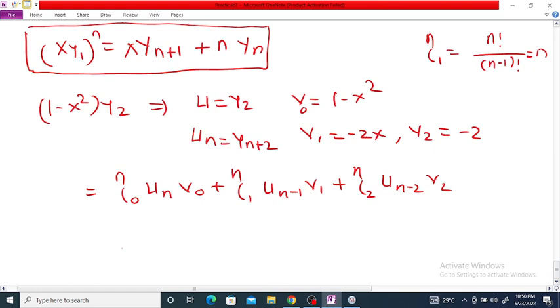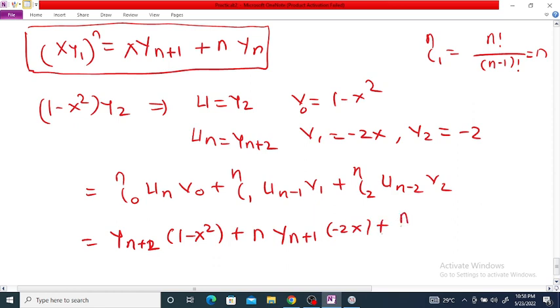So what is nc0? It is 1. un is equal to yn plus 2, v0 is equal to 1 minus x square, plus nc1 is n, un minus 1 is yn plus 1, v1 is equal to minus twice x, plus nc2 is n factorial divided by n minus 2 factorial, so it is equal to n into n minus 1 divided by 2 factorial, which is 2, into un minus 2 is yn and v2 is minus 2.